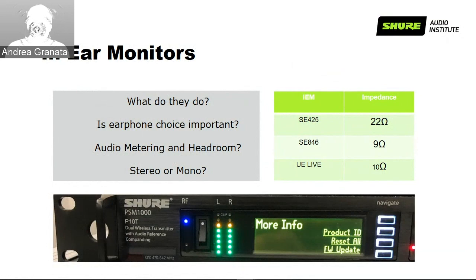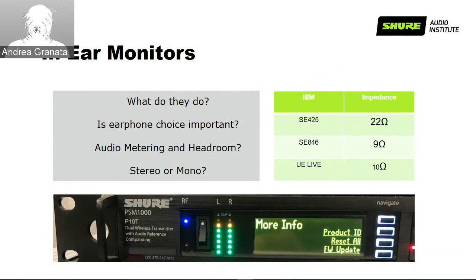Why is this related to RF? Because whenever we deal with in-ear monitors, specifically very powerful ones like the PSM 1000 that you see in the picture, my recommendation to have the best sound together with the best RF signal is to keep the input not too hot.